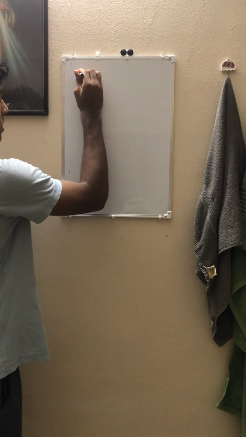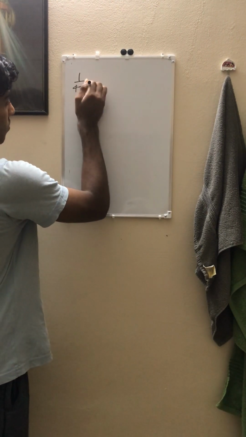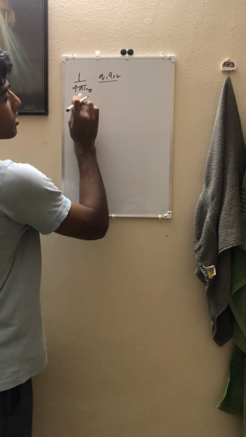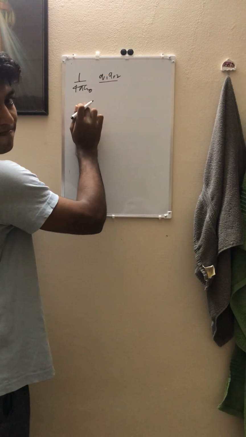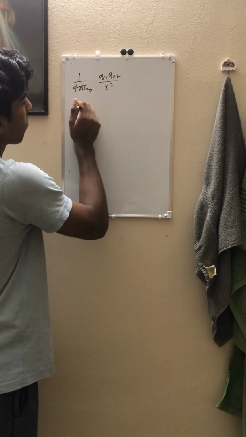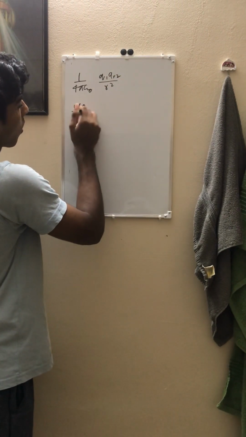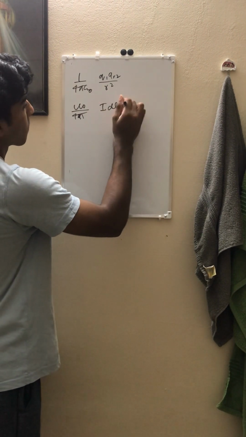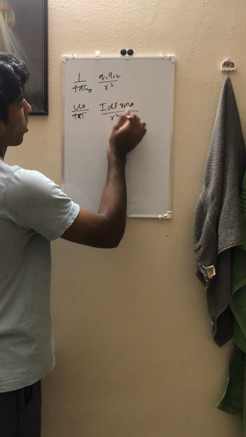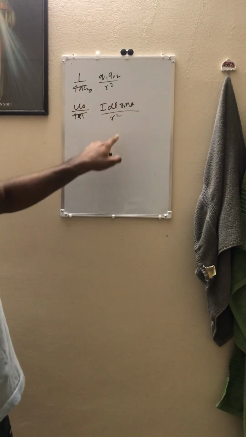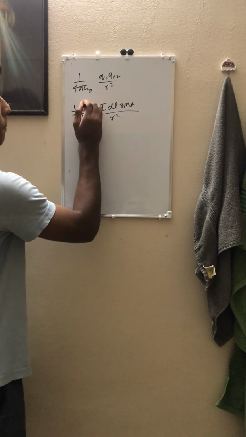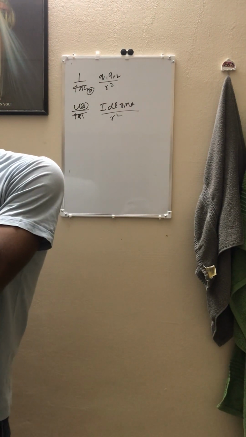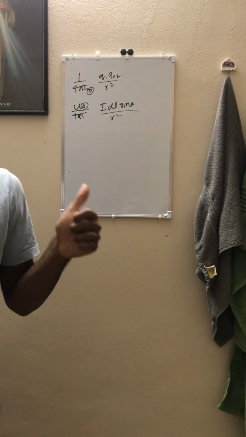Let me represent Coulomb's law over here. This is the permeability of space. Both follow the inverse square law, both depend upon the nature of the medium, and both are long range fields.